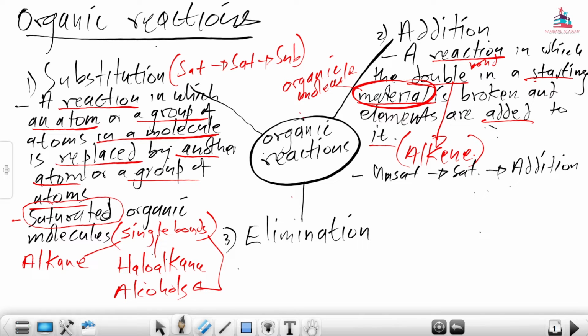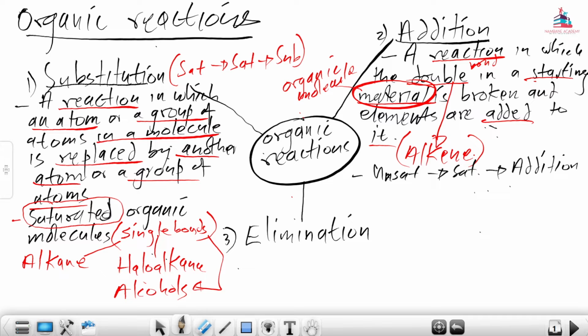How best can one understand what is substitution and what is addition? For a reaction to undergo an addition reaction, it must be an unsaturated hydrocarbon. If it's an unsaturated hydrocarbon, it means it must be an alkene.